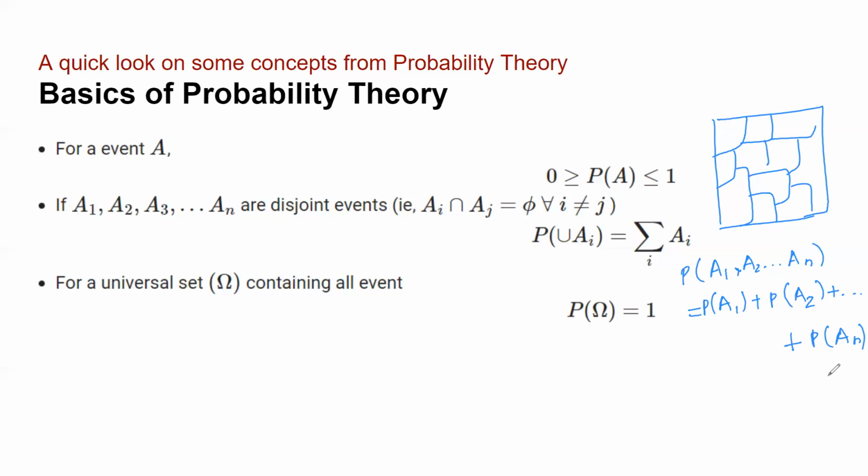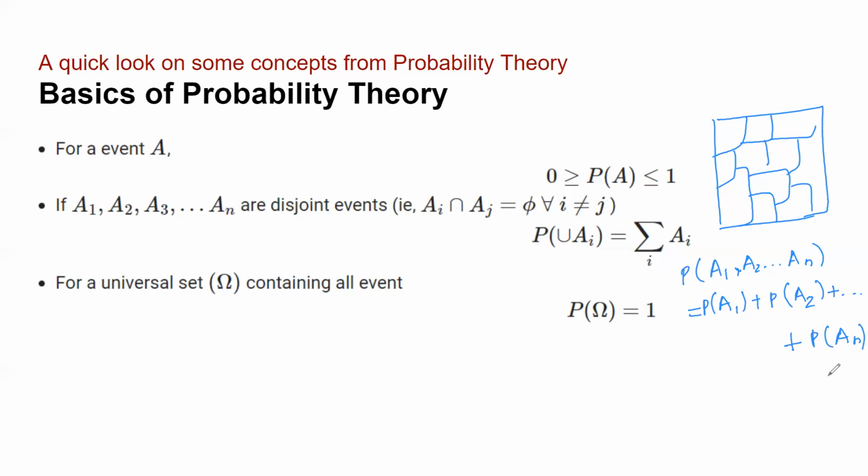The third point says that the probability of the universal set is always 1. For example, if you are tossing a coin, what is the probability that you will get either head or tail? It is always 1. There is no other possible outcome you can have while tossing a coin. Isn't it half? No, I'm saying what is the probability that you will get either head or tail?